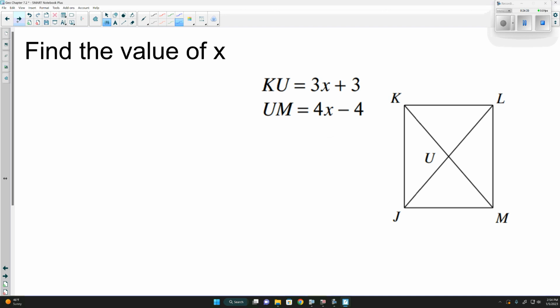So let's see what we have before we jump to any conclusion. So KU is 3x plus 3. UM is x minus 4. So they just gave us the two lengths, the two sides of the diagonal, which means these two are congruent.